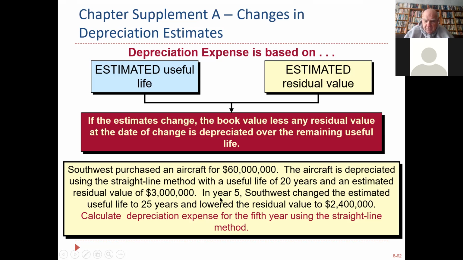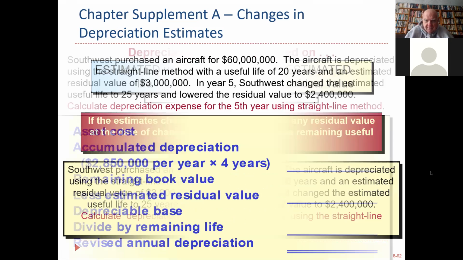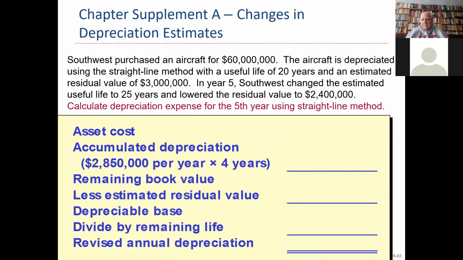But look what happened in year 4. Southwest changed the estimated useful life to 25 years, which they're allowed to do, and they lowered the residual value to 2.4. Calculate the new depreciation expense. Just take a look at the template for this.